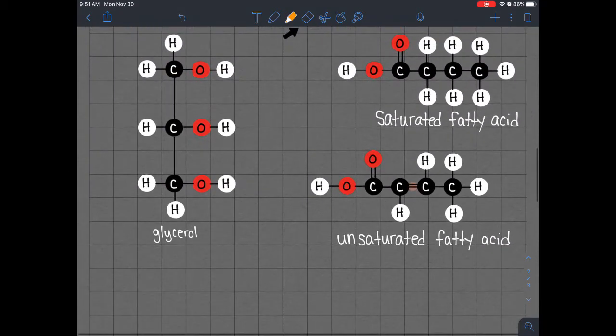If we just do a side-by-side comparison, this one has 1, 2, 3, 4, 5 hydrogens on the tail end of the molecule. But the saturated fatty acid had 1, 2, 3, 4, 5, 6, 7, right? So that's one of the biggest differences, the number of hydrogens that it can hold.